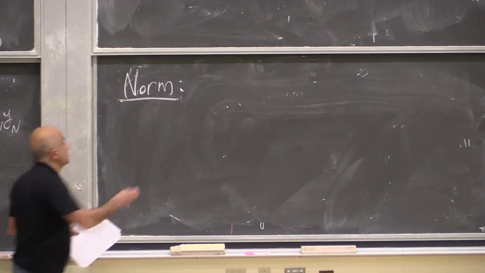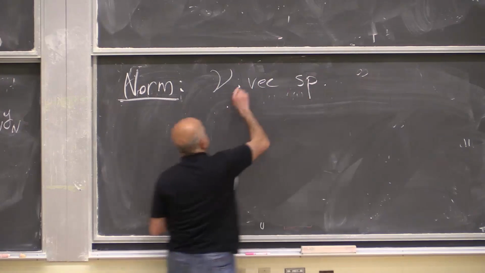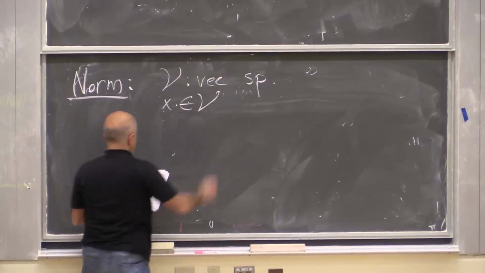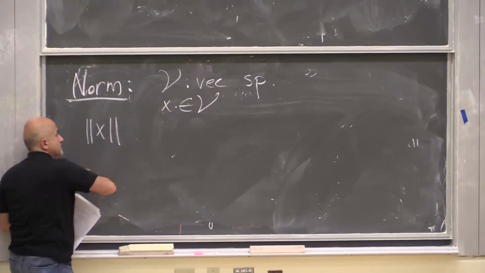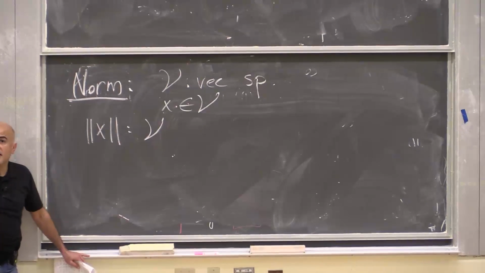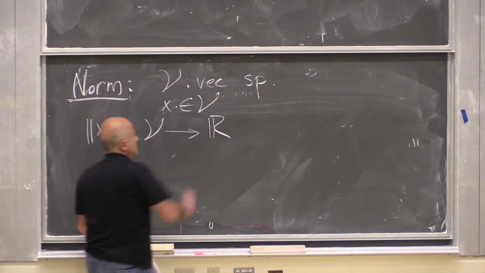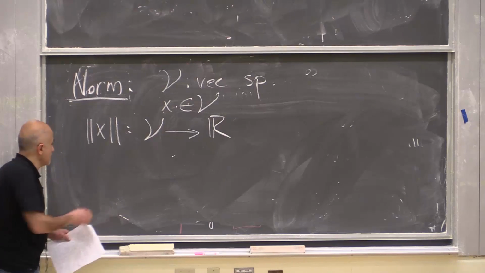So again, V is my vector space, and let's say x is some element in my vector space. The norm of an element x is a function that takes an element in the vector space and maps it to the reals. And this function must satisfy certain properties.